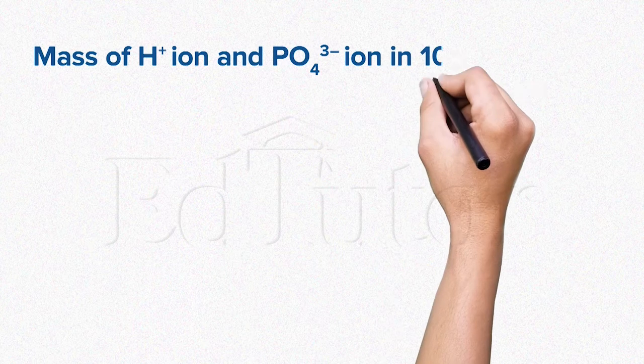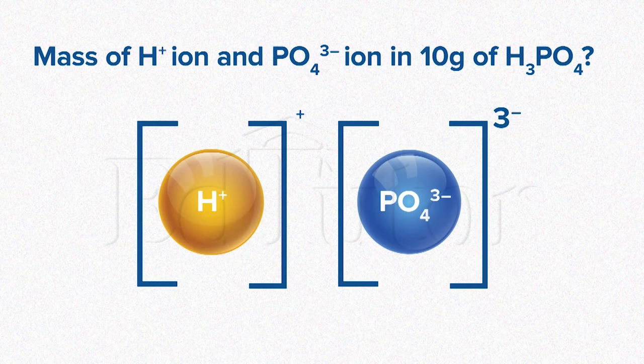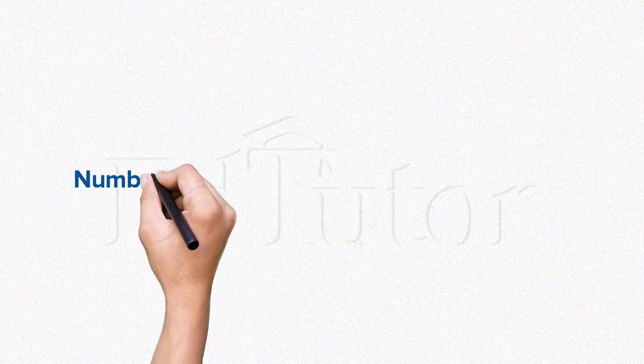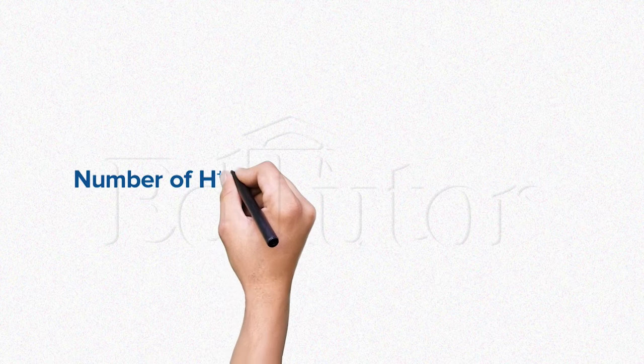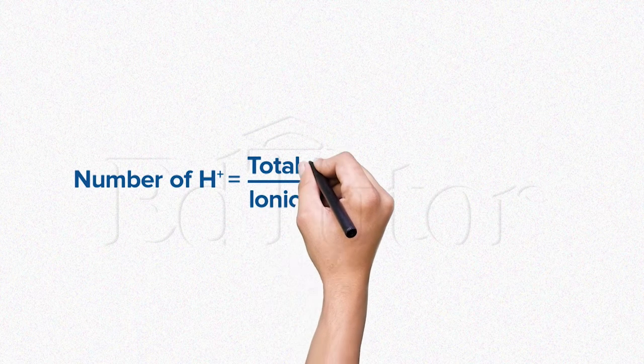Now that we have solved this part, shall we move on to the third part, where we are required to calculate the masses of individual ions? We know about 2 ions, hydrogen ions, H+, and phosphate ion, PO4 3-.